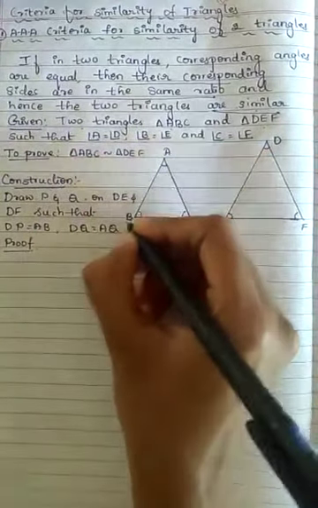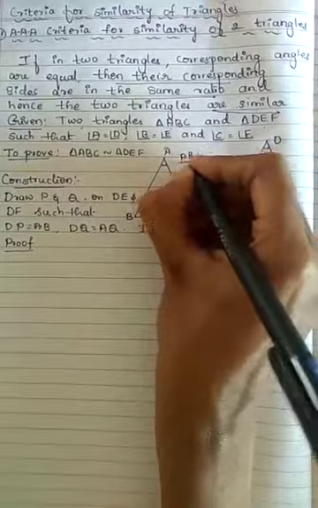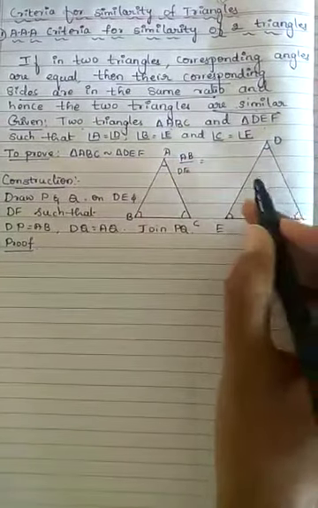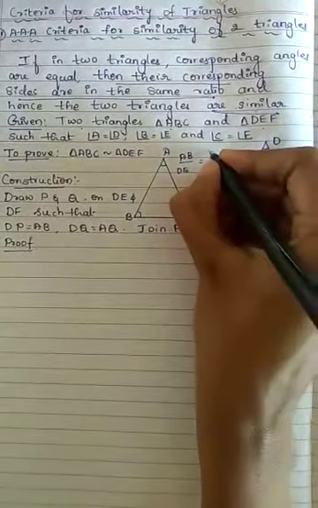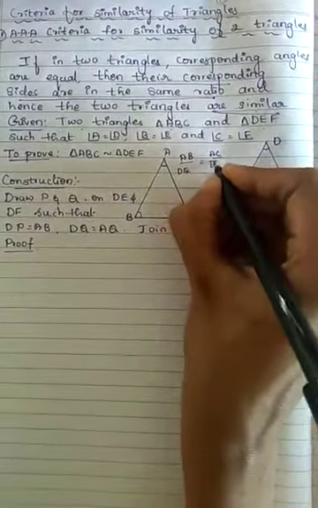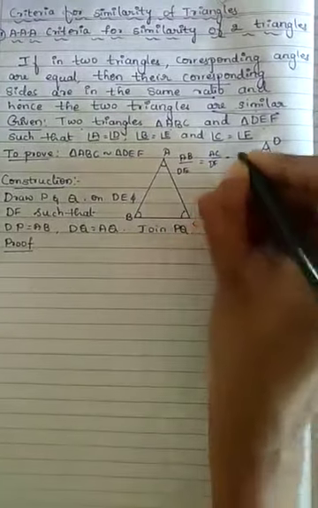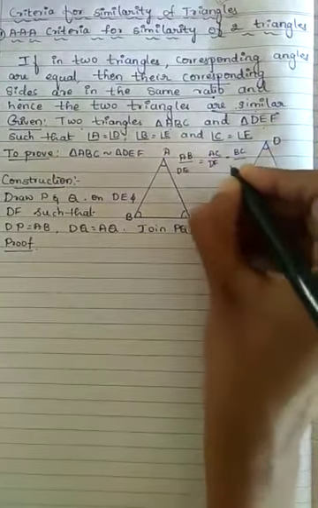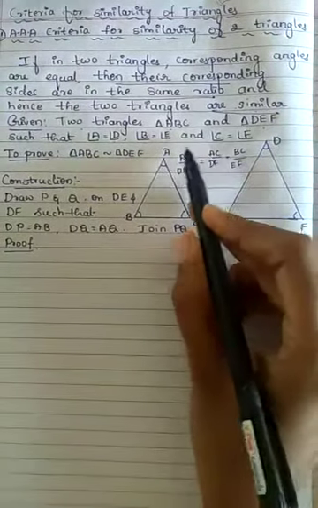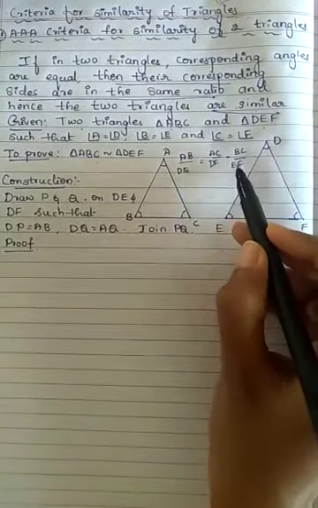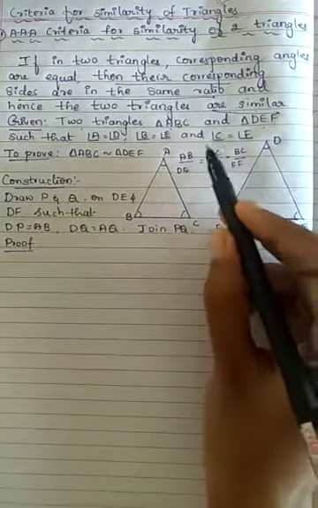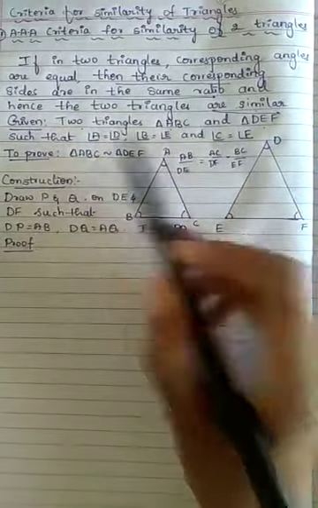Corresponding sides means AB by DE is equal to AC by DF is equal to BC by EF. If we show any two ratios are equal, then similarly we can say the other is also equal.